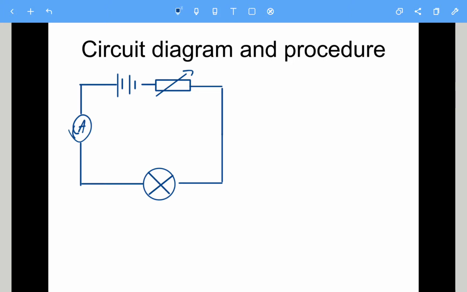So we've got the ammeter in series to measure the current values, and then we need to put the voltmeter in parallel across the component. So I can draw this. Voltmeter. So that's the diagram, that's exactly how you should draw it.